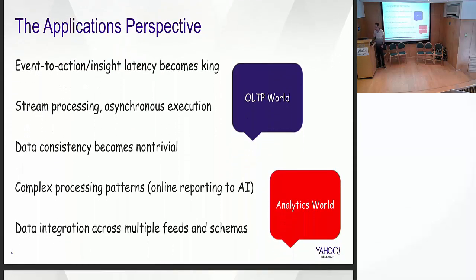So from the application perspective, what we see is that while in batch processing bandwidth was king, in this context event to action or insight latency becomes king. As we said, stream processing technologies become prevalent, and what is more important is that we as application developers no more have control over the execution timing.